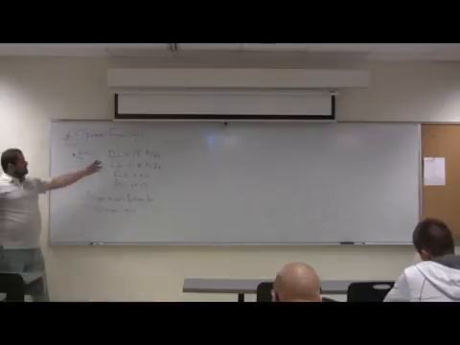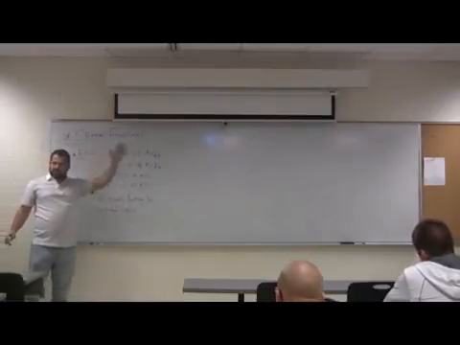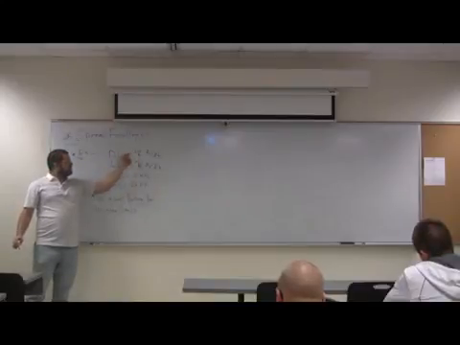So we have a load, we have a wall, and per linear foot of the wall, we have 12 kip dead load, we have 8 kip per foot live load.